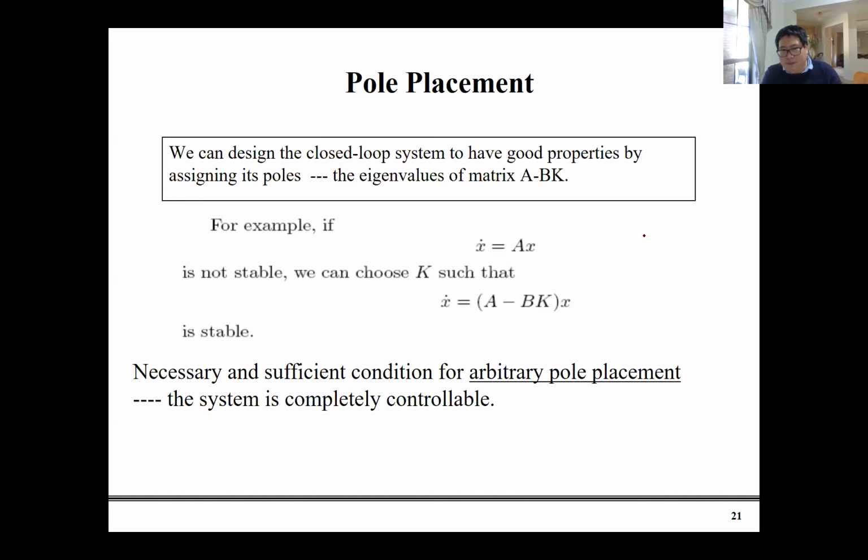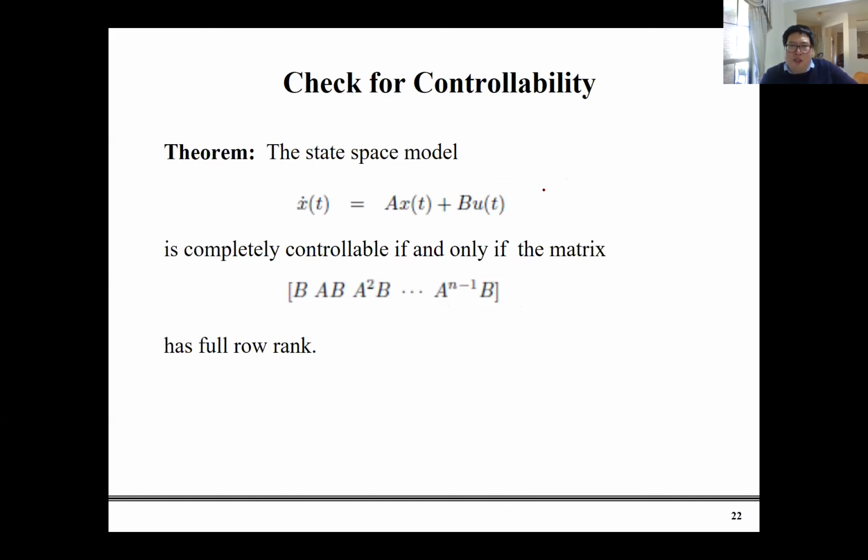Otherwise, you can't. And here we introduce how to check the controllability. If you remember, the stability only depends on the matrix A, right? But the controllability depends on both matrix A and B.